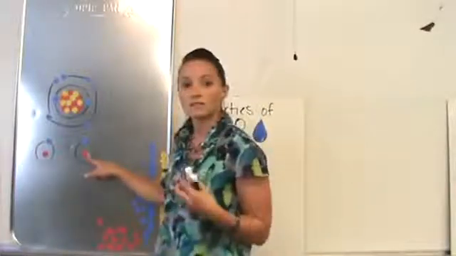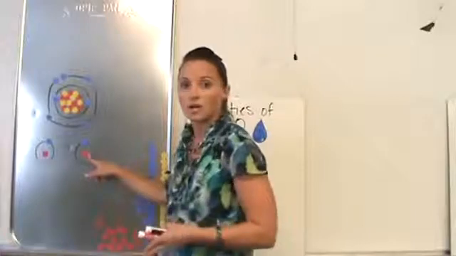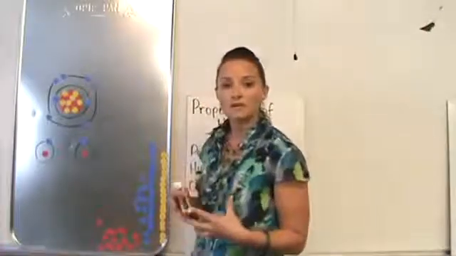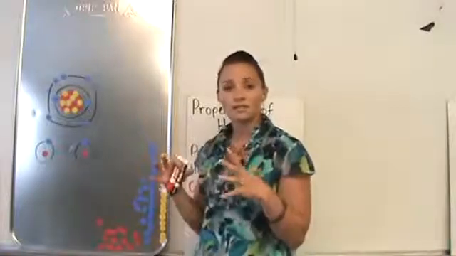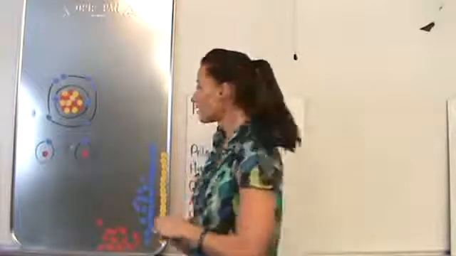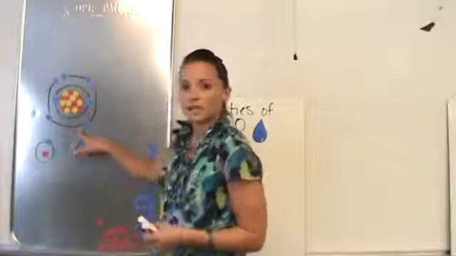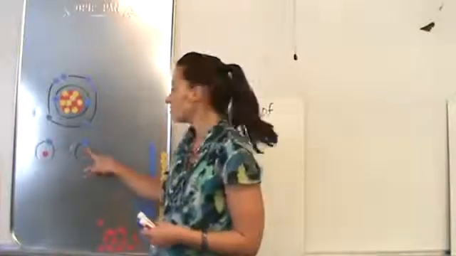Now the hydrogen wants to have 2 in its outer shell. Remember, you have the different levels of outer shells of electrons. You have the level that wants 2, then the second level wants 8. So the second level here wants 8. These guys want 2.